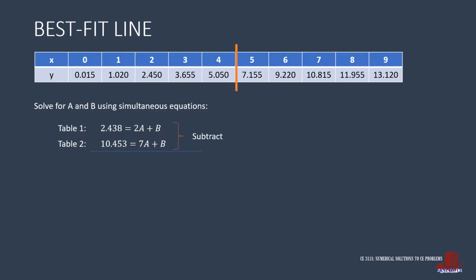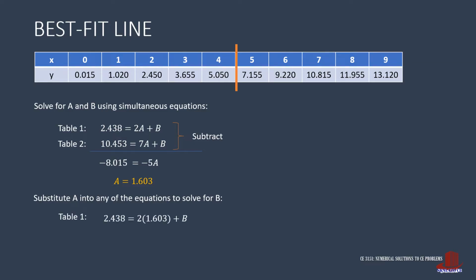So by subtracting the two equations, we come up with negative 8.015, and this is equal to negative 5a. Variable b cancels out from the two functions. Divide the function by negative 5 to have a as 1.603. With a already figured out, plug it into any of the functions generated. In this case, we use the first table.